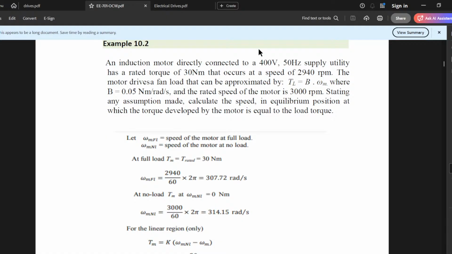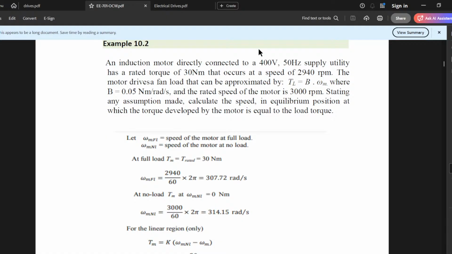Let omega m at full load, and omega at no load. So at full load, Tm is equal to T rated, 30 Nm.